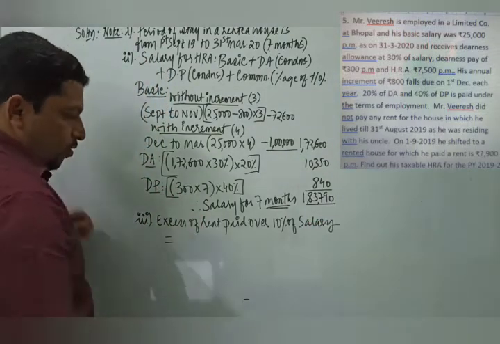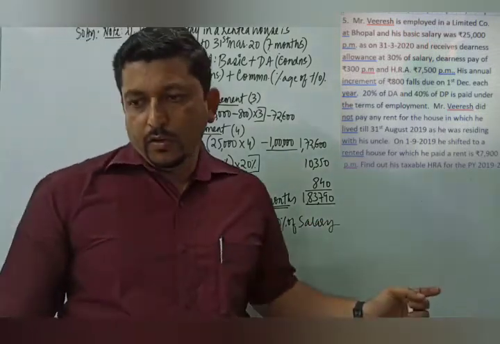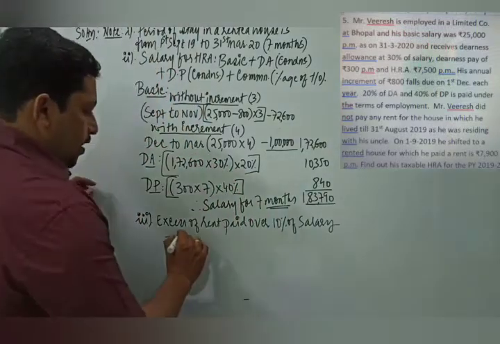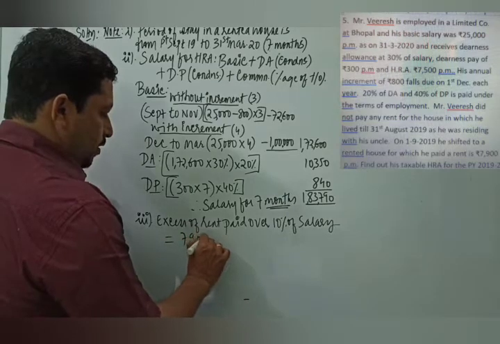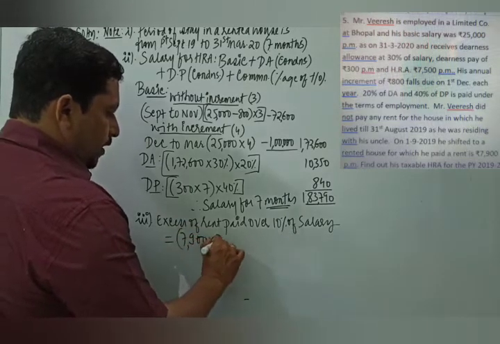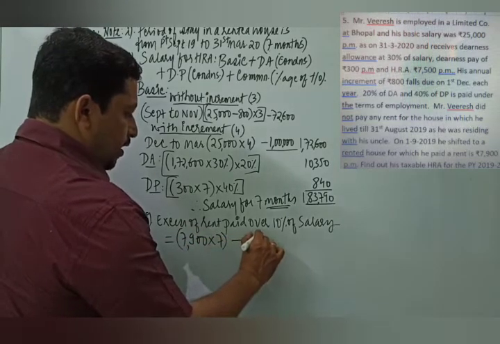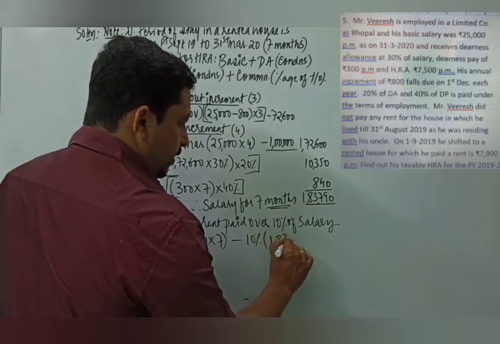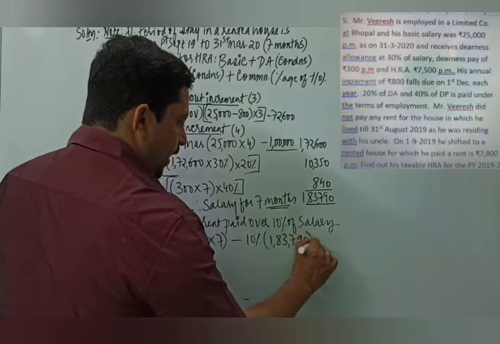So it is equal to. Now, Viresh is paying a rent of rupees 7,900. That is from 1st September. That is for 7 months minus 10% of salary. Salary is 1,83,790.